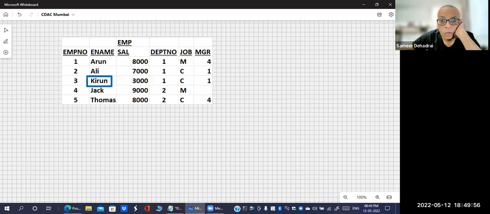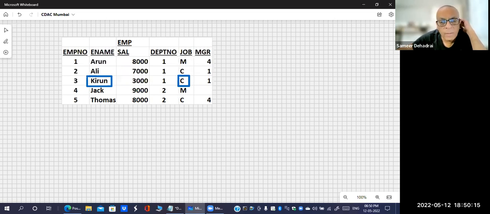We don't know what is the job of Kiran. We want to see all the rows, same job as Kiran. Understood the question? Show me all the rows, same job as Kiran.